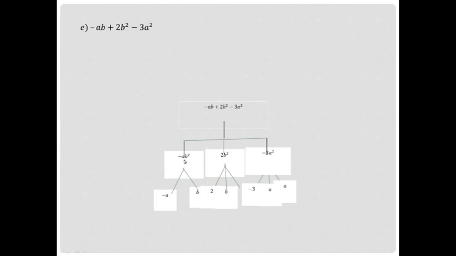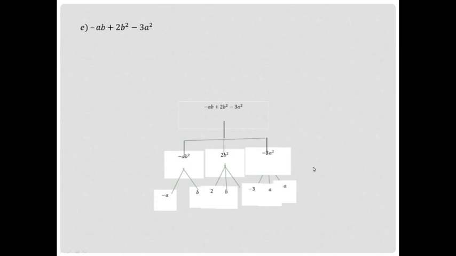Then minus ab can be separated into minus a and b again. 2b squared can be put as 2 and b, b, and minus 3a squared as minus 3, a, and again a. That is how we can draw a factor tree.